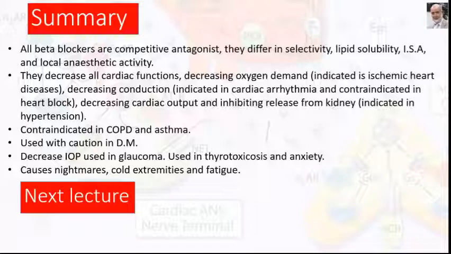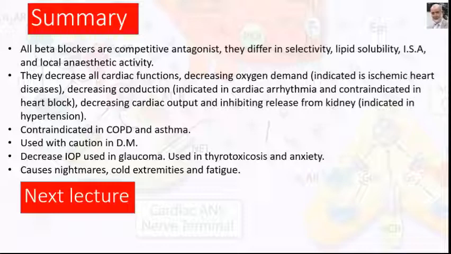They decrease the intraocular pressure, therefore they are used in glaucoma. Also they are used in thyrotoxicosis and anxiety. Beta blockers with central effect, or highly lipid soluble beta blockers, can enter the blood-brain barrier. They can enter the brain and cause nightmares. They can also cause cold extremities and fatigue.